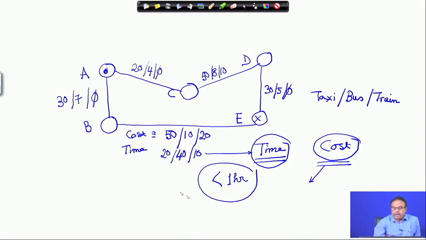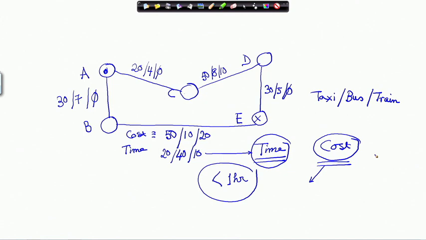So, in that way different forms of this same problem can be put forward and often we have to solve such problems in our real life. That is the best way to reach a place. This is how we can find the best way to reach a place.